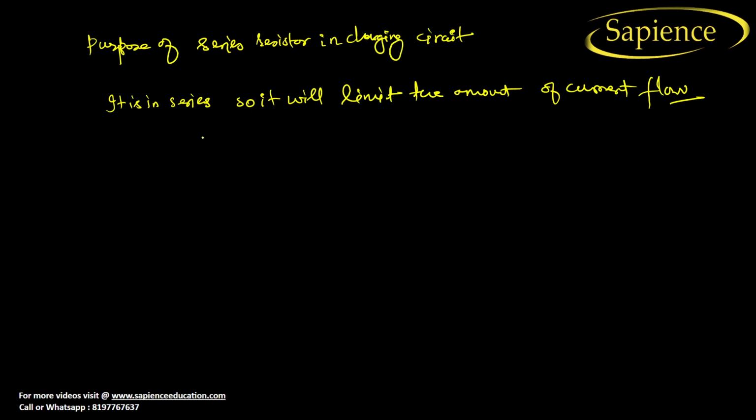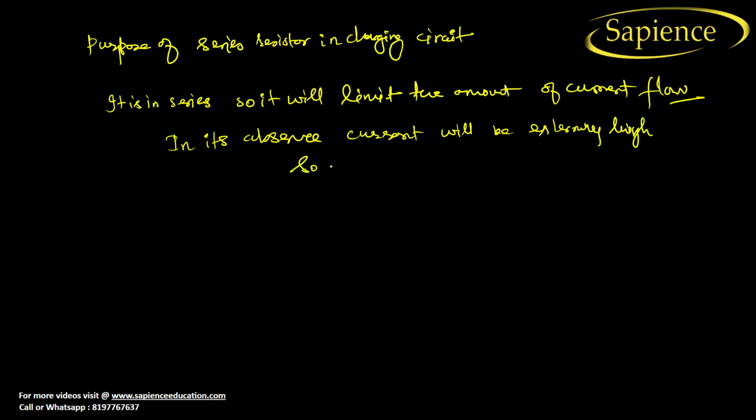In its absence, the current will be extremely high, so it may create damage, right? So I hope you have understood this one. Now let's go for the next question.